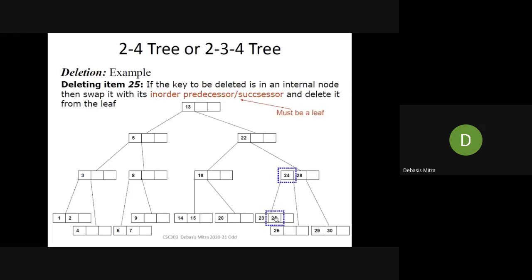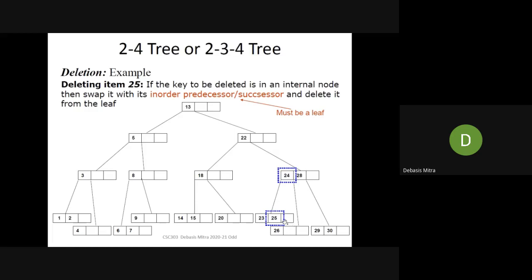Actually this should not be written as 25. I don't need to swap. You can swap, but only replacement will also do. Now I have to delete that particular element from here. Okay, now I will delete it simply. Now see, this is the physical node from where actual deletion will take place.